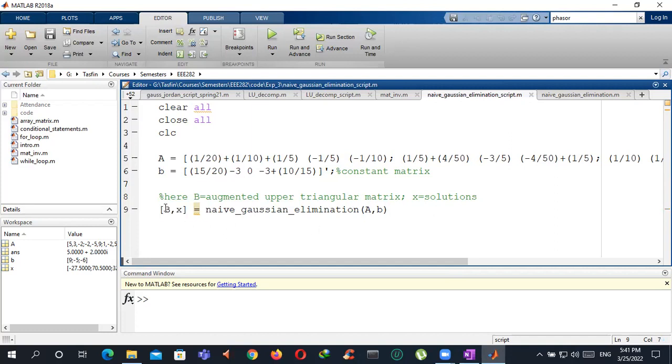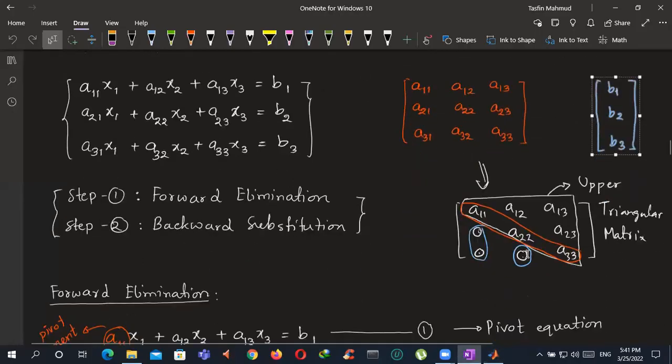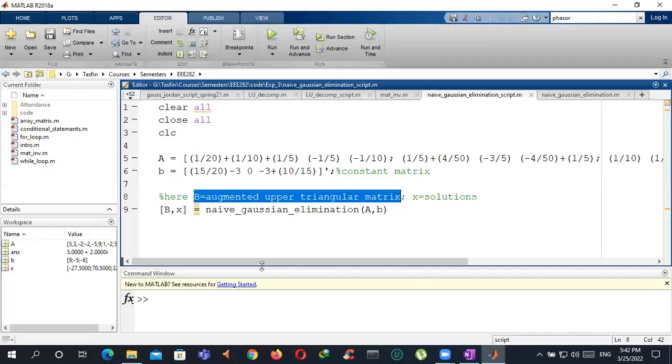The first one is B, the augmented upper triangular matrix. That means we will get the triangular matrix with the constants augmented to it. You don't have to worry, we will see how B looks. We are returning the upper triangular matrix and also the solution, X, the value of the unknowns.